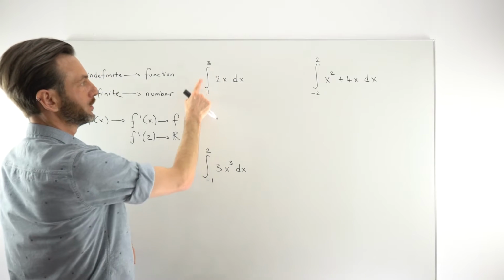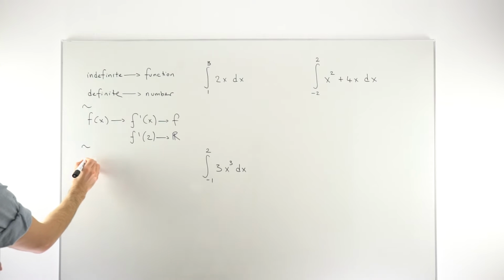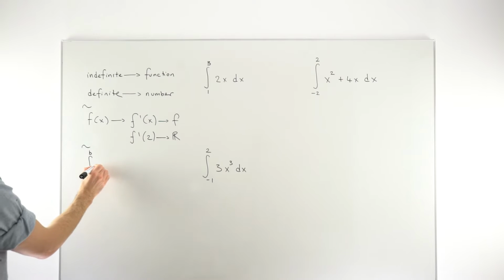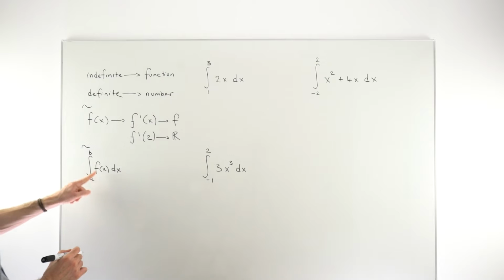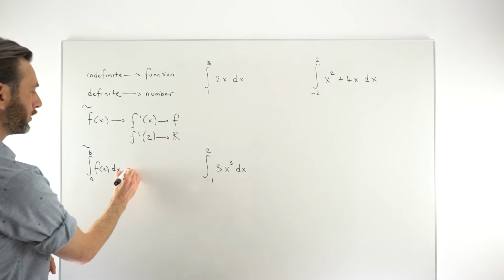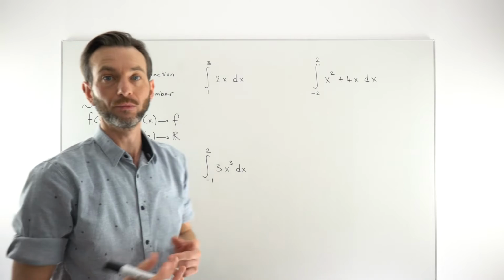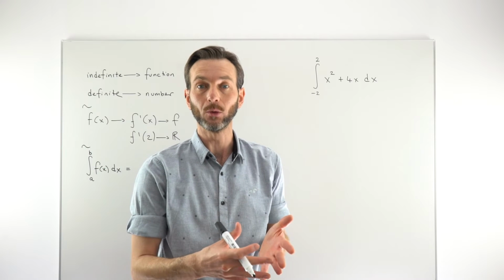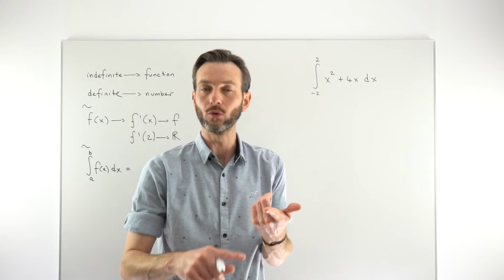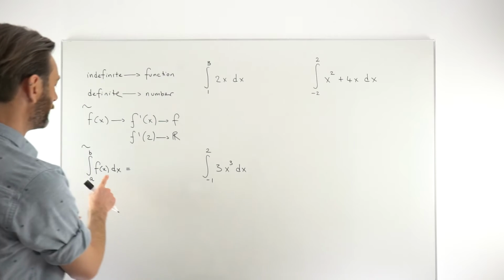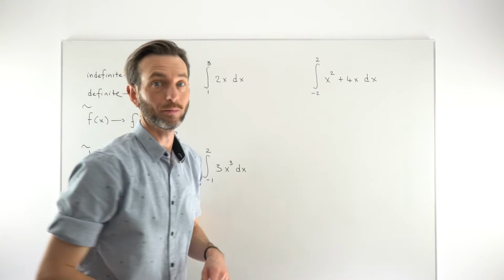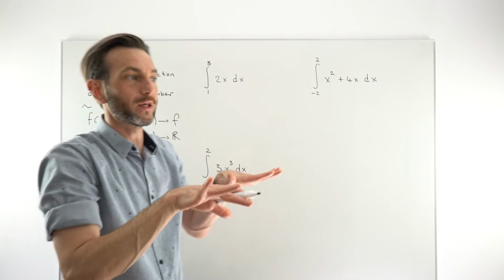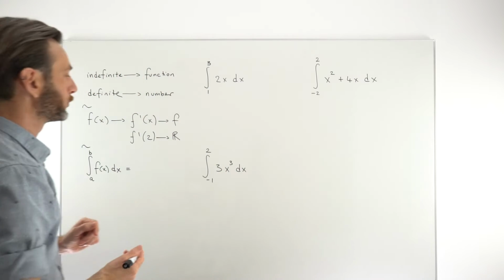So in general, if you want to take the integral between the limits a and b of some function f of x with respect to x, the integral between a and b of f of x dx, well, the technique for evaluating the actual terms is the same as for indefinite integrals: you still use the power rule or whatever rule you're using. It's the process that goes around that changes with a definite integral.